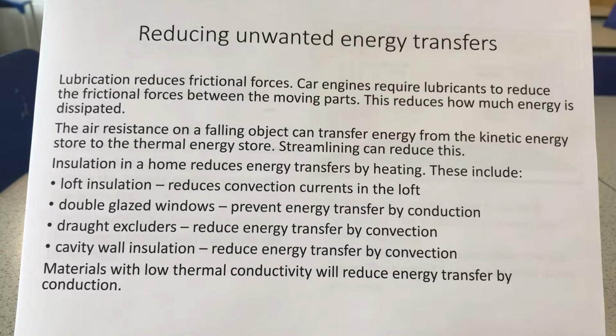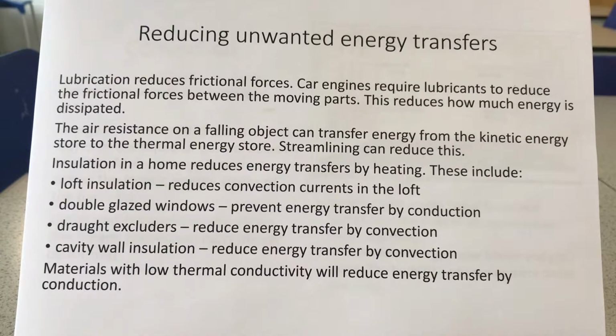Car engines require the same oil to lubricate the parts of the engine that rub together to reduce those frictional forces, and this reduces how much energy is dissipated. A lot of that energy will be released as heat energy. So if we can reduce the friction, we can reduce the amount of energy lost as heat. It makes it more efficient.